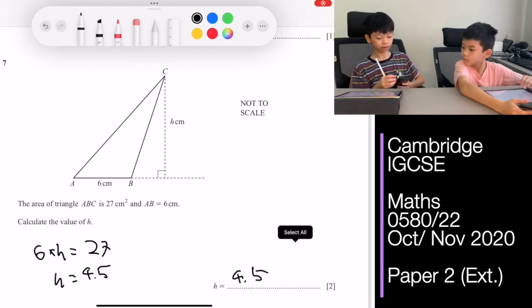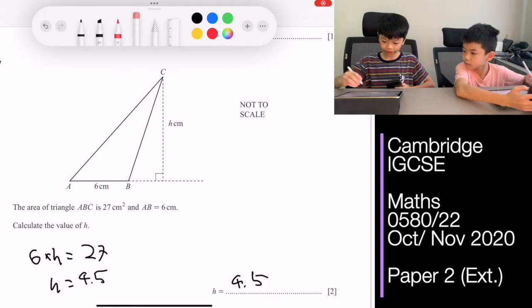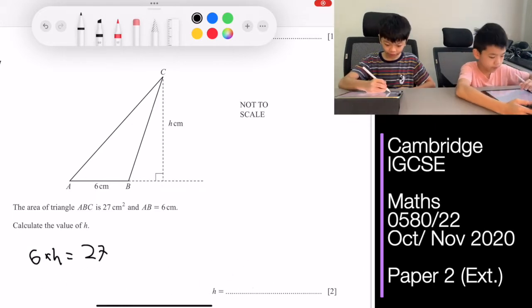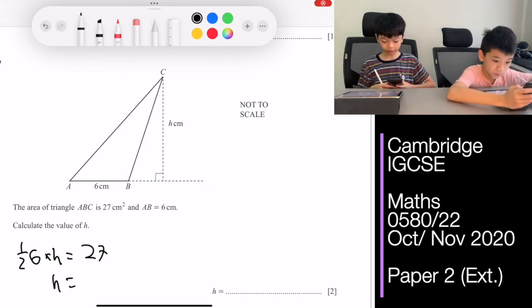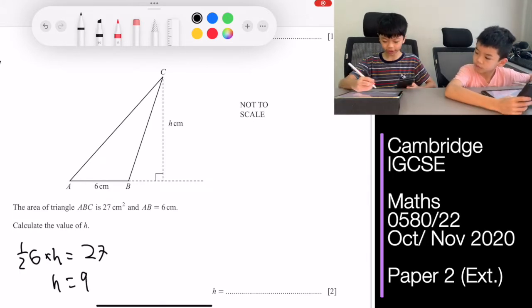Yeah. No. Oh wait, no. This is the area of a square. This is the area of a square. H is 4.5, then I need to multiply 2 again, which is 9.